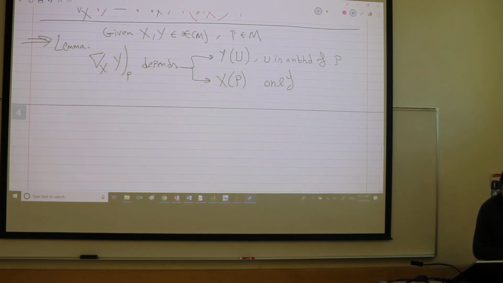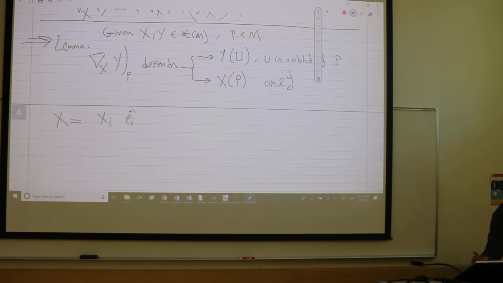Moreover, we can do the following. Another lemma, but I'll not state it as a lemma. If we have x, this is a vector, right? So it's x1, x2, x3 as components. So we usually write it as x^i times e_i.